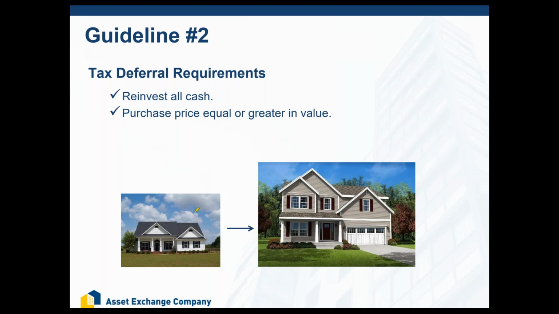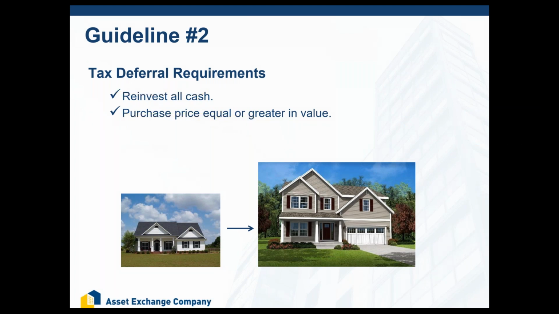That's not a problem. You can also trade down in value. If you sell for $1 million and you buy for $950,000, it does not negate the entire benefit of the 1031. You simply pay taxes on the difference. So if you don't want to pay taxes, reinvest all of your cash and purchase property equal or greater in value.